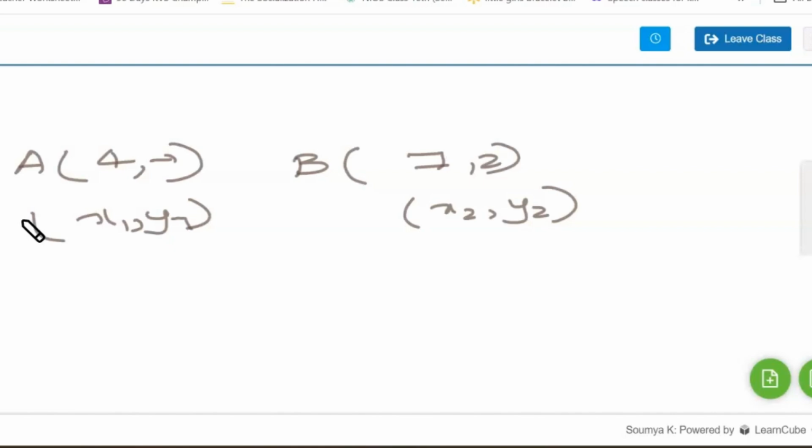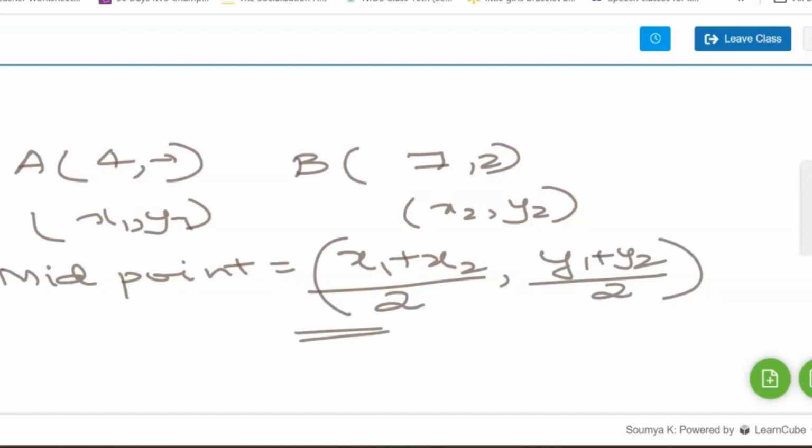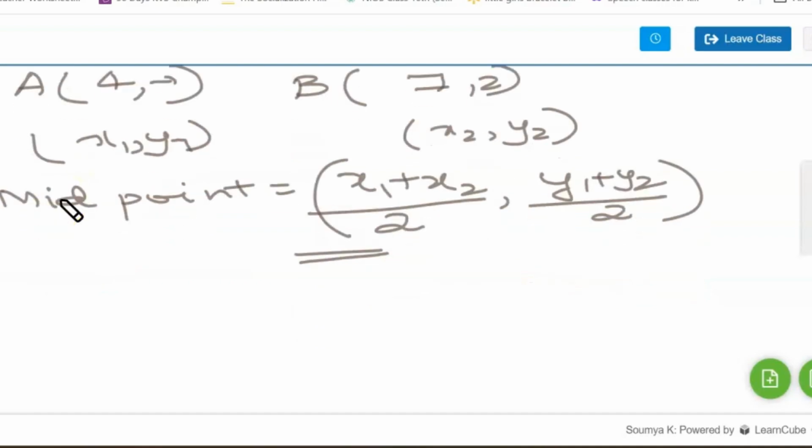If this is given to you, the coordinates of the midpoint are found by x1 plus x2 divided by 2. That will be the first coordinate x, and y1 plus y2 whole divided by 2. So this is how you have to find out the midpoint. Let's see how to do this particular question.